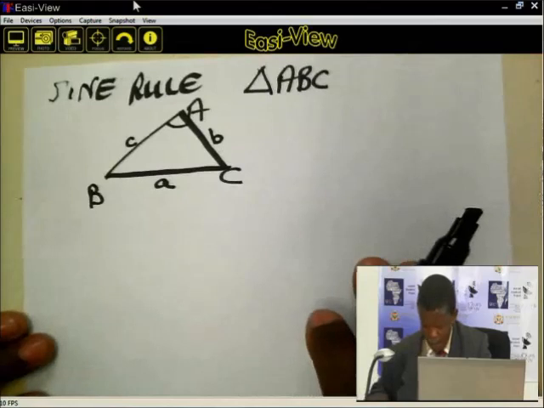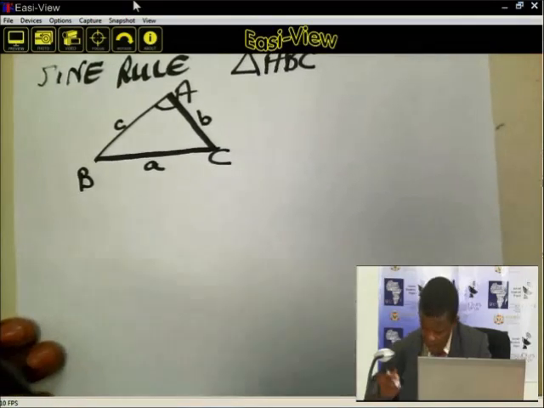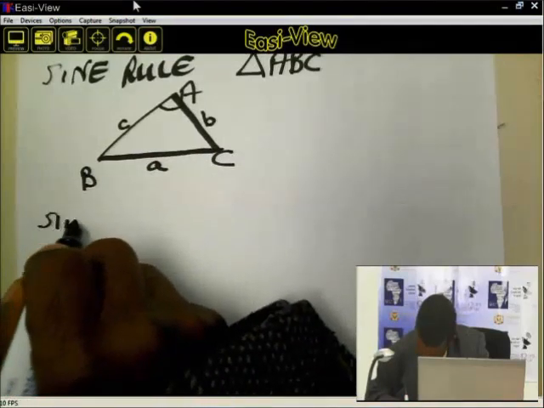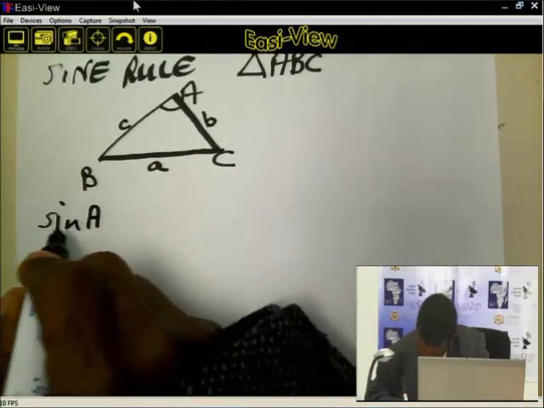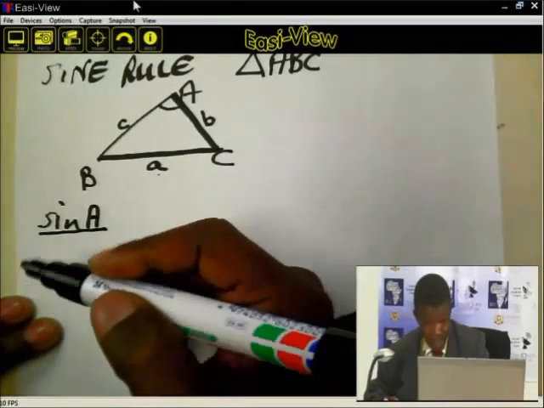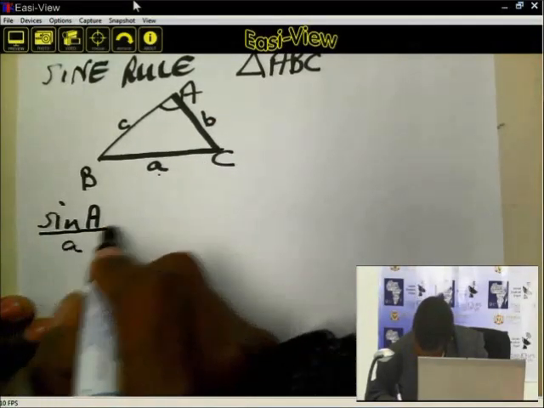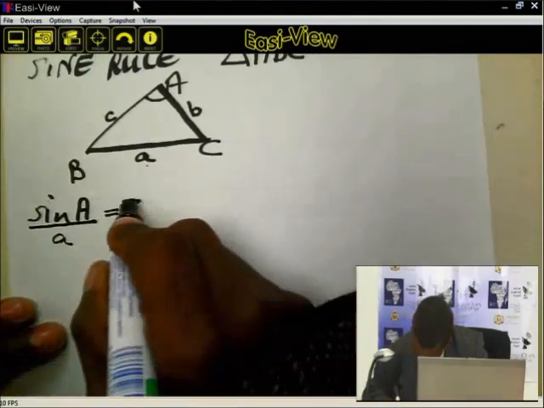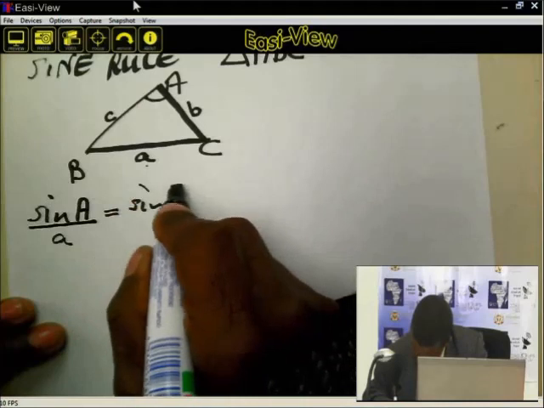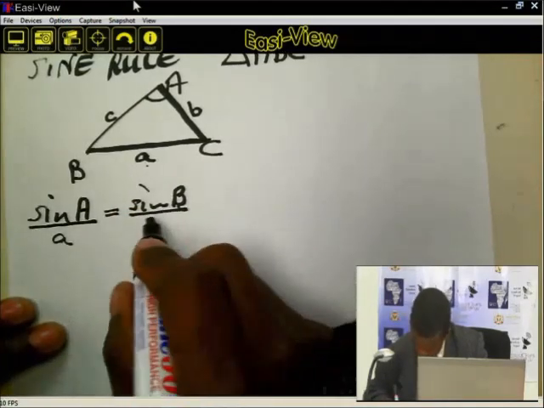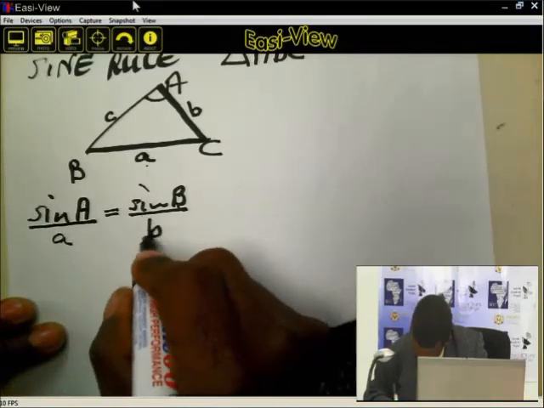But what does the sine rule say? It says choose any angle. Let's choose A. Determine its sine. Put it over the side opposite that angle. It is equal to the sine of any angle that you prefer to choose divided by the side opposite it.